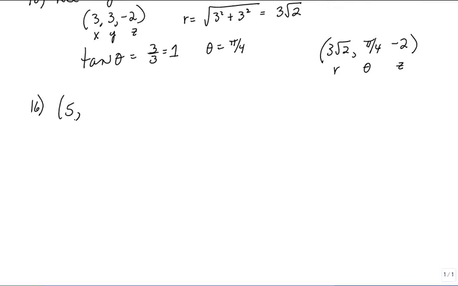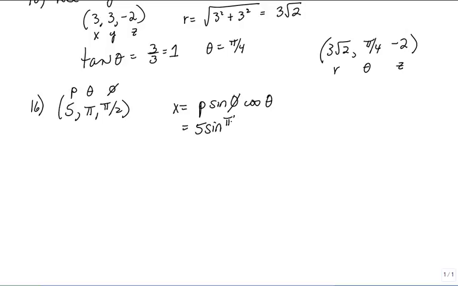Okay, here I have spherical, rho, theta, phi. X is rho sine phi cosine theta, which is going to be 5 sine pi over 2 cosine pi, which is negative 5.